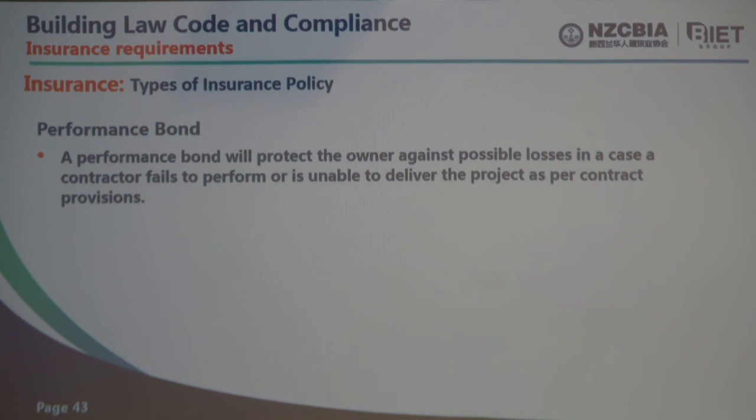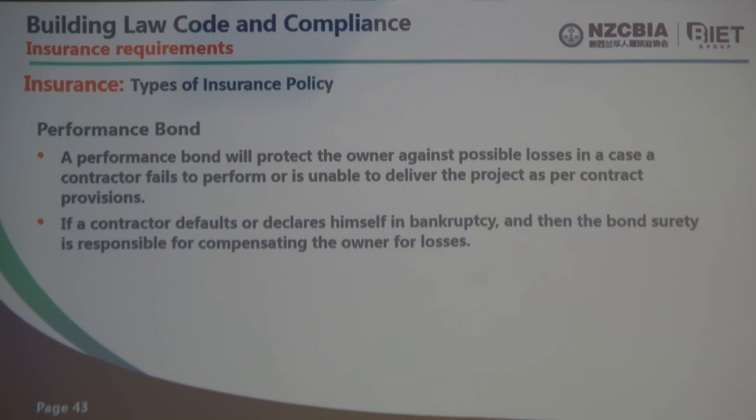So if something catastrophic goes wrong, this money will be used to complete the project. And the only time you get that bond removed, or the money coming back to you, it's not money, it's only a bond, is when you complete the project. So this gives insurance to the owner that their project will be completed. Contractor defaults, declares himself bankrupt, then the bond surety is responsible for compensating the owner.